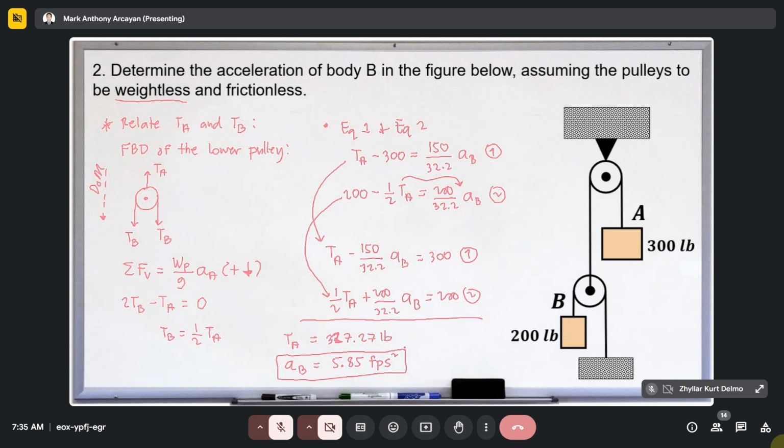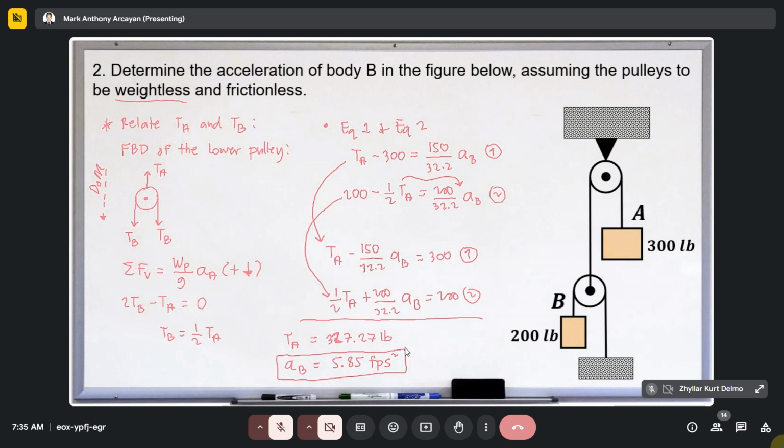By the way, this pulley arrangement is very important. By inspection, we have a block whose weight is 300 pounds, and if you want to pull this by a force which is lesser than the weight, which is 300, you can do that by using this kind of setup for our pulley.